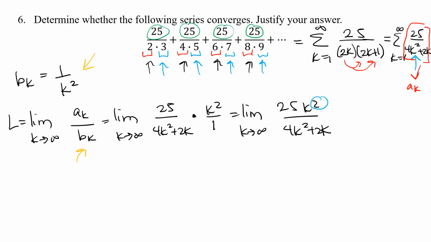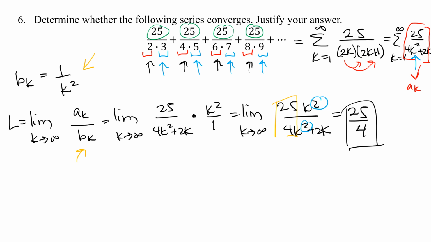All right, well, what do you notice? The degree in the numerator is exactly the same as the degree in the bottom. So what do we always look at? We just simply look at the leading coefficients to define our limit. Therefore, the limit using the limit comparison test would be 25 over 4.